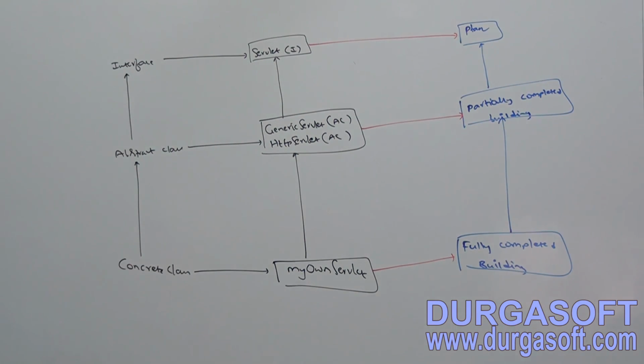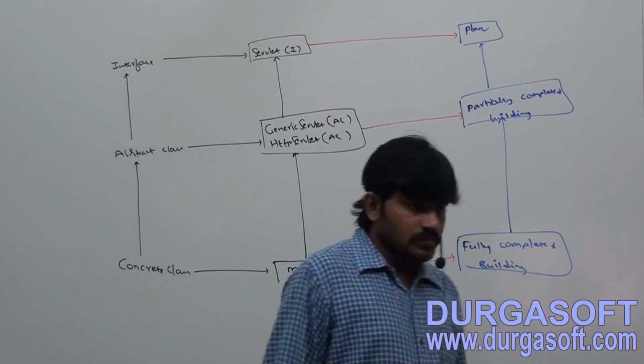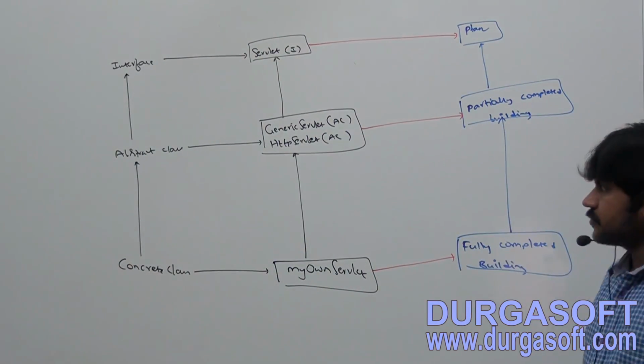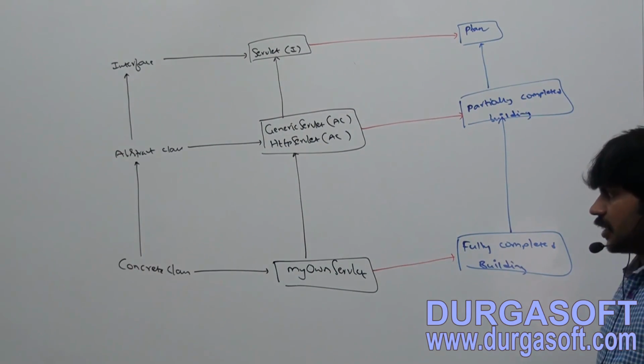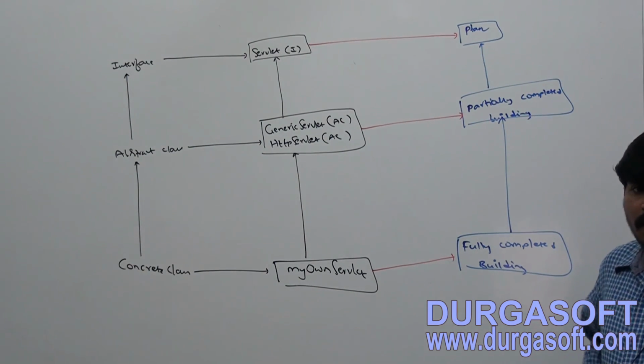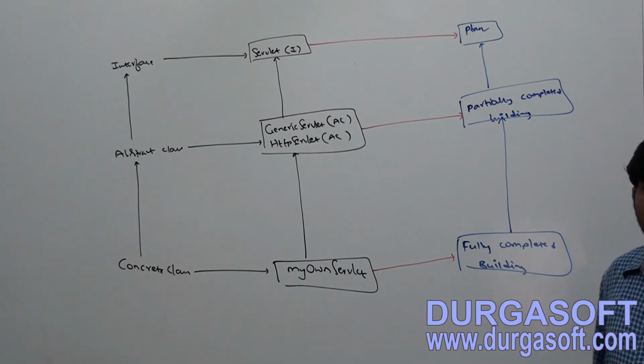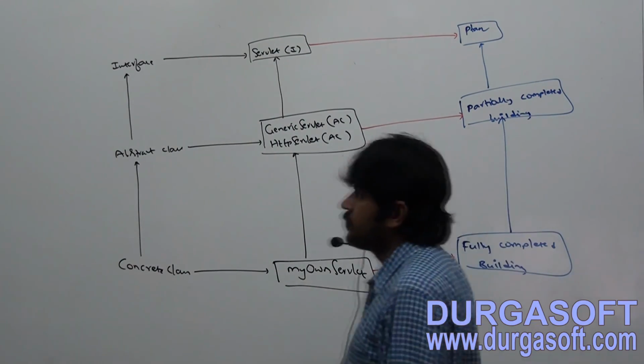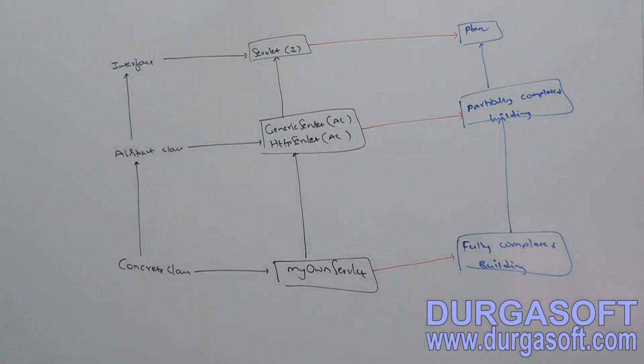Take this point clearly. Take this diagram: interface, abstract class, concrete class. Next one, the Servlet interface, then the abstract class, and then the concrete class.